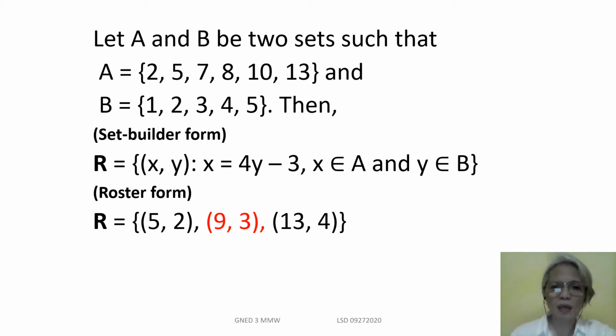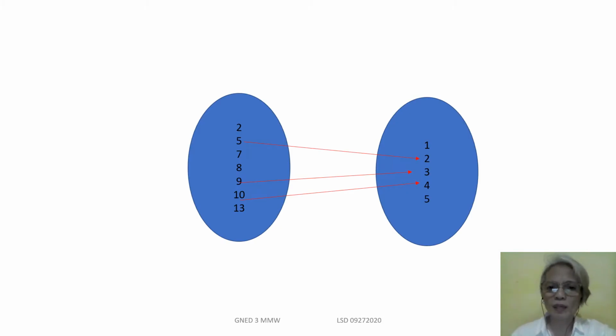But look at set A. X must be an element of set A. 9 is not an element of set A, and therefore the ordered pair (9, 3) cannot be an element of R. If we choose 4 as Y, we substitute 4 here. 4 times 4 is 16, minus 3 is 13. We check if 13 is an element of A. Again, 13 is an element of A. Therefore, the ordered pair (13, 4) is an element of the set R. Here we have a diagram showing the relationship between the ordered pairs.